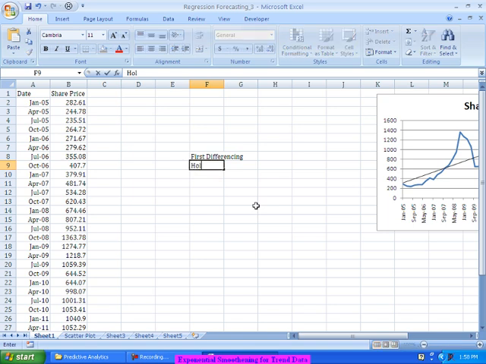Then I also use Holt's linear exponential smoothing mechanism, named after a person called Holt.